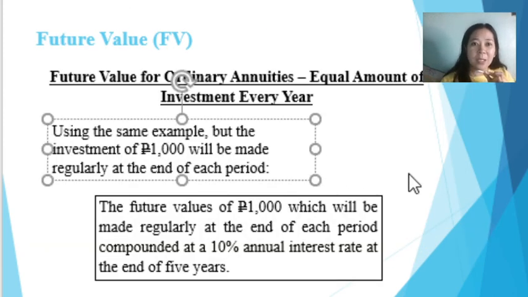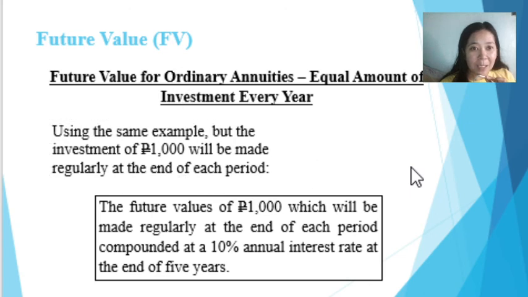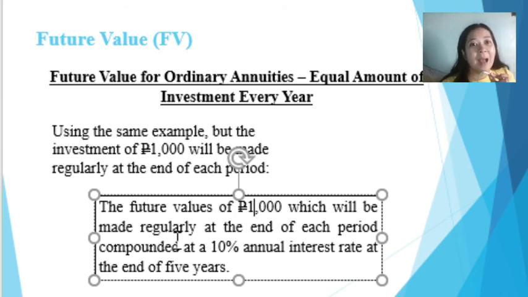Using the same example earlier, but the investment of 1,000 will be made regularly at the end of each period, meaning the investor is going to provide 1,000 every year for the next 5 years. So again, the investment is 1,000 every year at 10%, or it will earn 10% interest for 5 years.